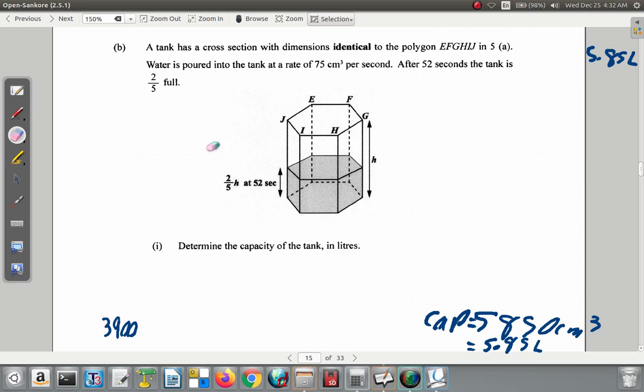But let's use the 65, because many people might say, why bother with the 64.95? I could just use the 65.